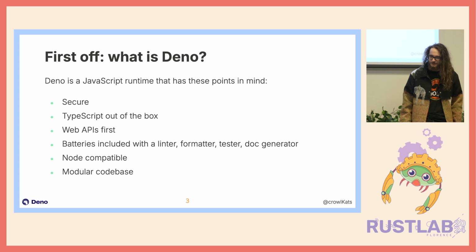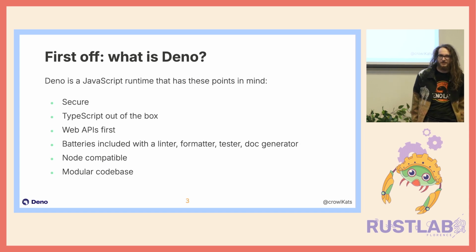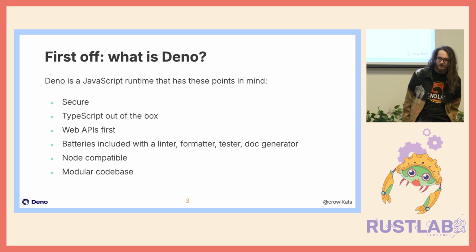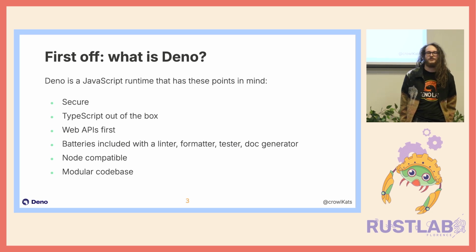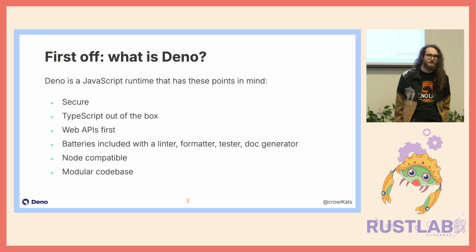I have to give first the initial introduction to it. It's a JavaScript runtime similar to Node.js, but with more points in mind of security, TypeScript support out of the box, web APIs first. So if there's a web API, we will implement that instead of having our native APIs, unlike Node.